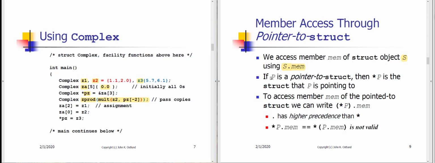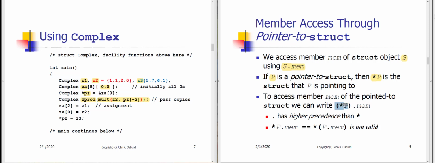But if you have a pointer to a struct, p, we know then that star p is the struct. The question is, how do we use the dot to access that particular member of this struct star p? Well, it turns out that the star has lower precedence than the dot.